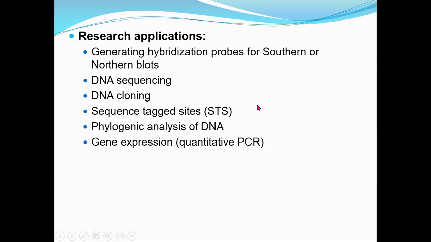Those are called sequence tagged sites. And phylogenetic analysis of DNA, also gene expression studies. You convert the mRNA to cDNA and then use real-time or quantitative PCR to see the level of expression of the mRNA.